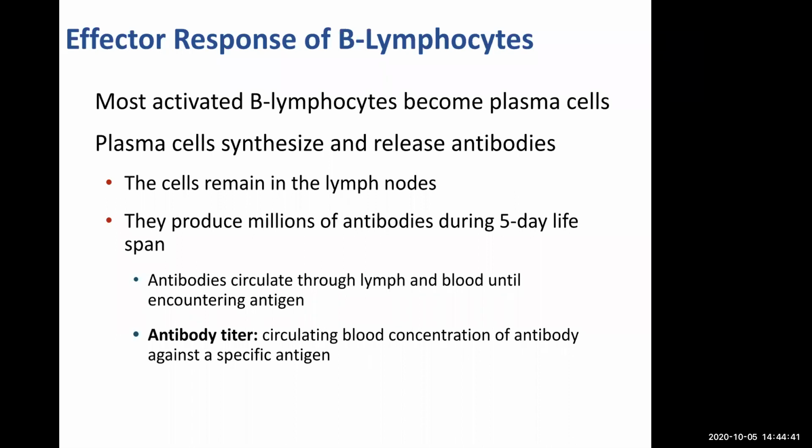So if you have a high enough titer for the antibody against Hep B, the assumption is you are immune to Hep B, unless maybe your system becomes overwhelmed because you get a huge dose, a huge viral load, or you become immunocompromised or something of that nature. But that's what titers are used to determine: the concentration of circulating antibody against a particular antigen.